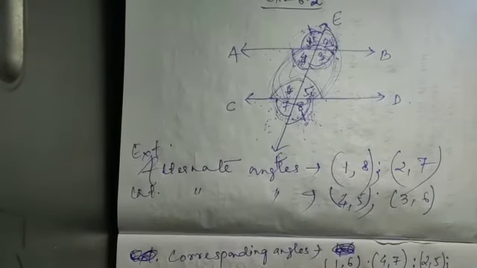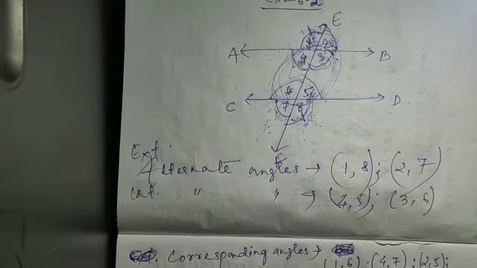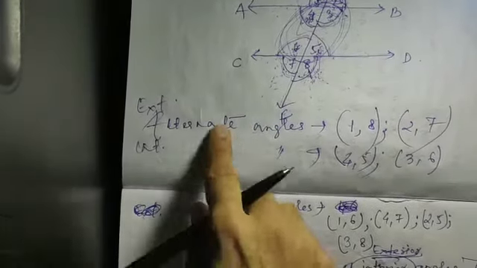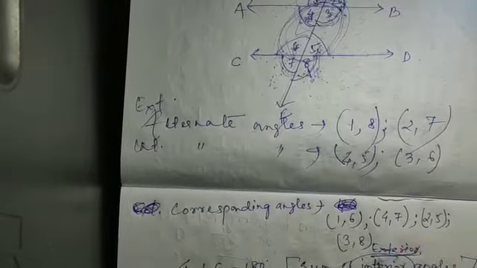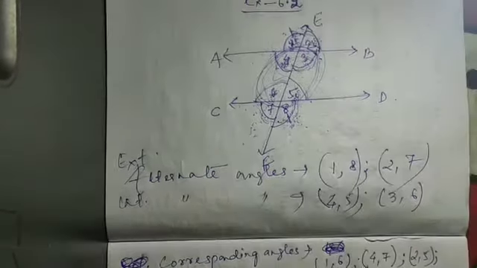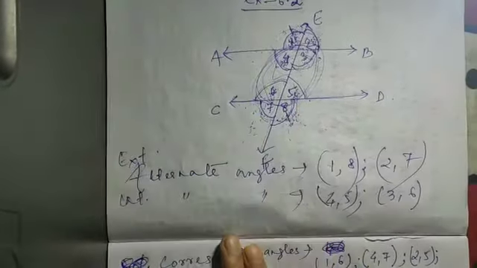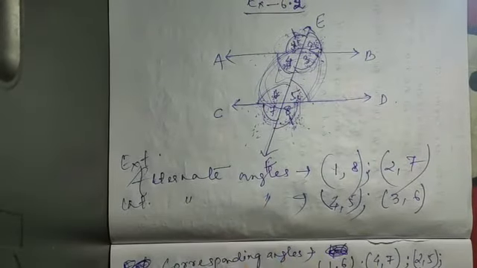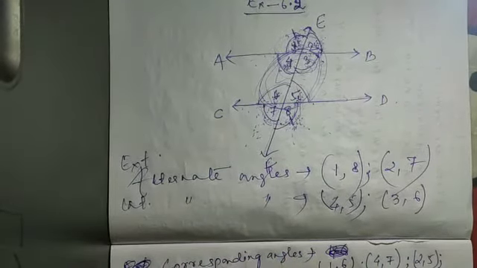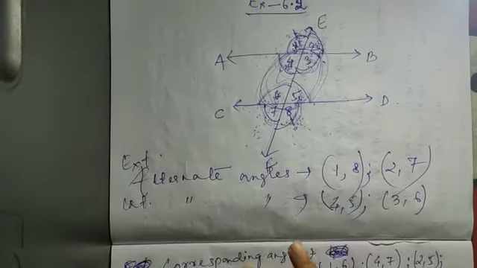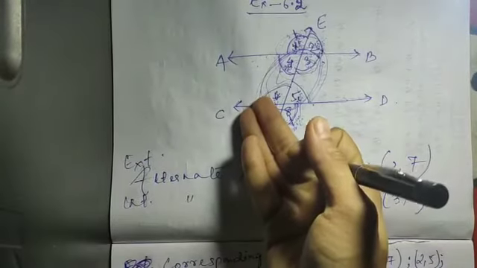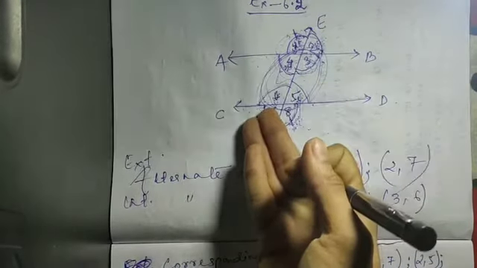That means the reverse also holds: if alternate angles are equal and corresponding angles are equal, then we can say that these two lines are parallel. If these two lines are parallel, then these alternate and corresponding angles are going to be equal. In the same way, if these alternate angles and corresponding angles are equal, then we can say AB is parallel to CD.